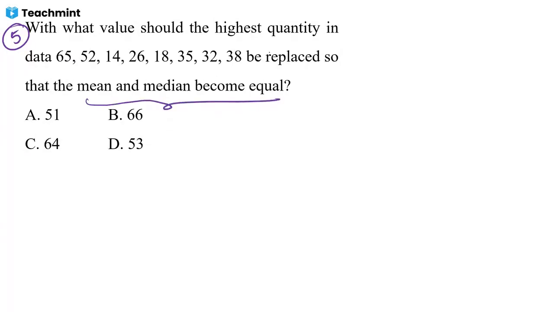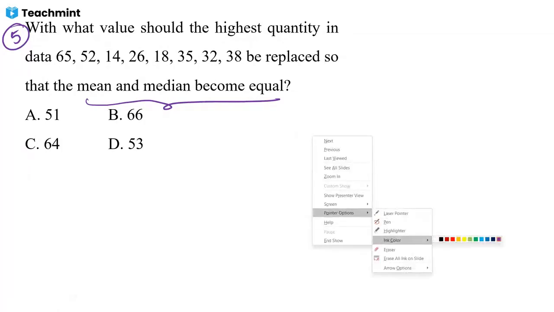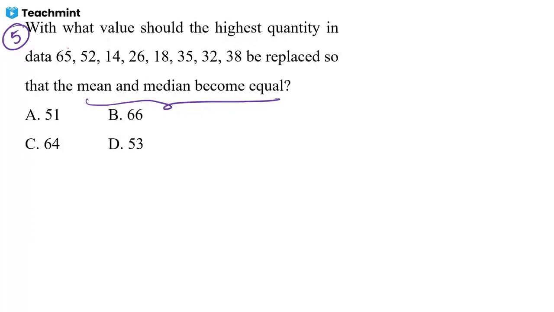What is the highest quantity that should be replaced, and with what value? Highest quantity in data is 65. It should be replaced by which number so that mean equals median?